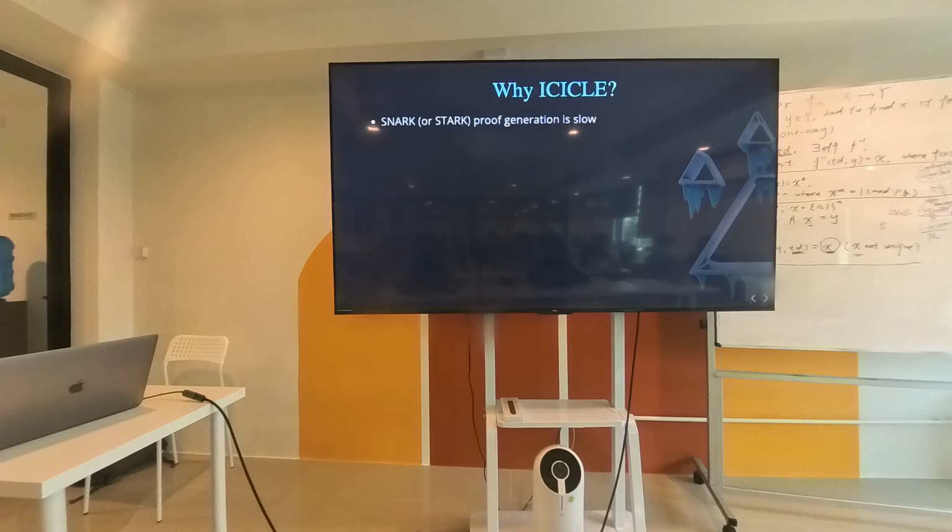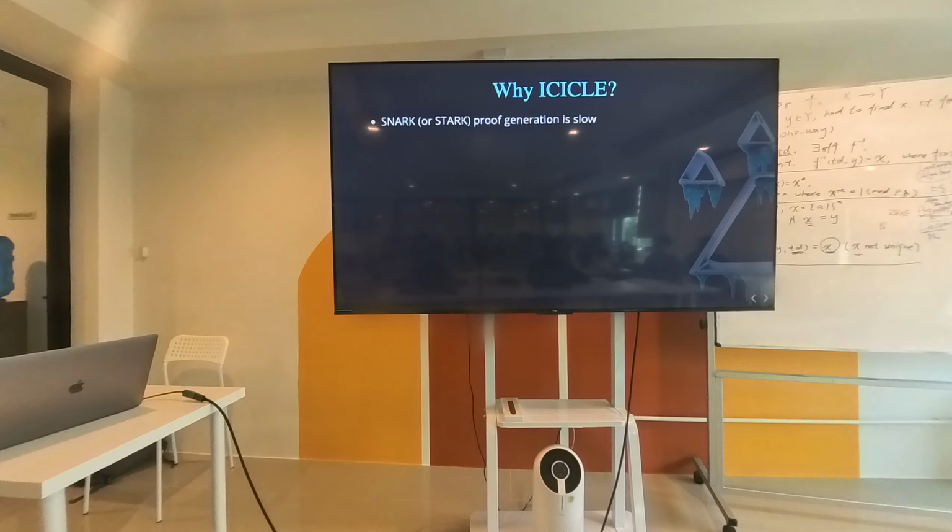Hopefully everyone knows that SNARK proof generation or STARK proof generation is generally very slow. Fundamentally the reason is you are trying to prove something so that the verifier is able to verify the validity of your statement pretty quickly.